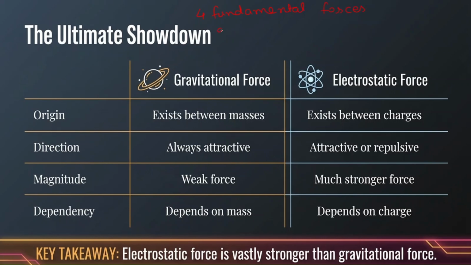They are gravitational, second one is electrostatic, third is strong nuclear, and last one is weak nuclear. We talk about the first and second. The strong and weak nuclear forces are related to nuclear physics.